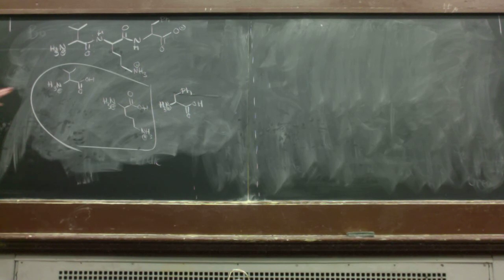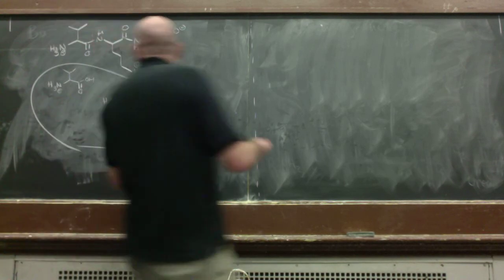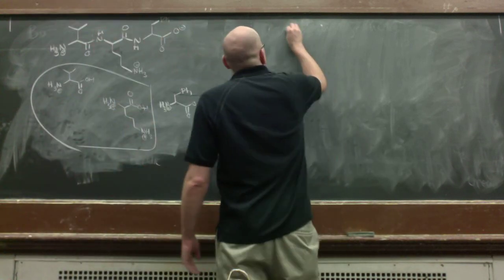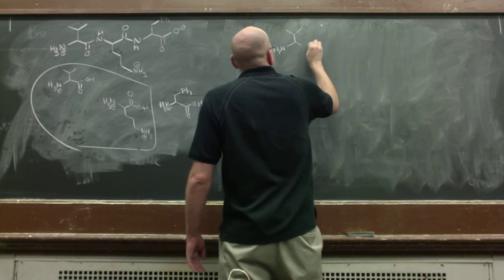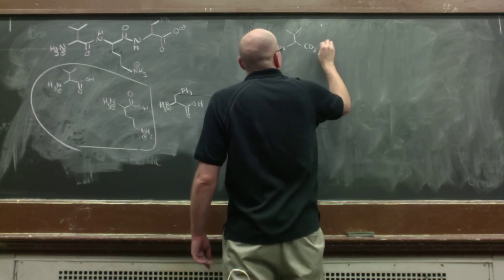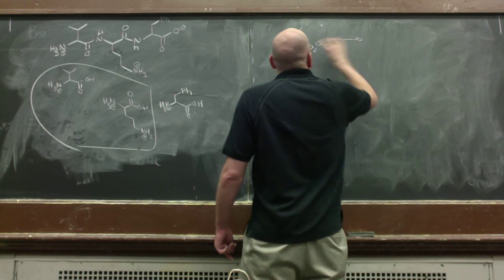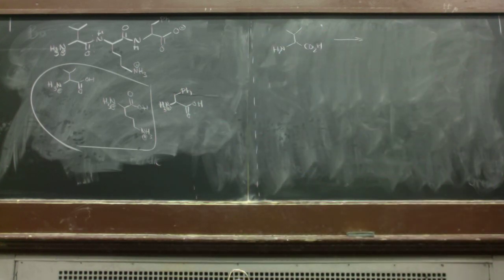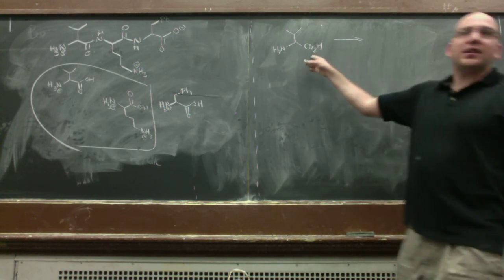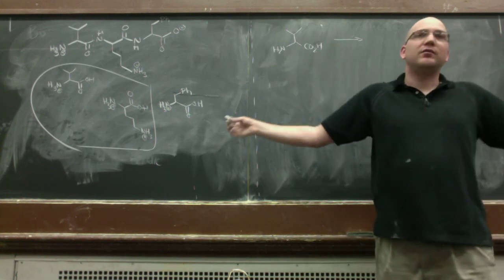Okay, so this one's the easy one, right? Somebody give me a group. We'll start with protecting valine. Let's put something on the valine. I'm just going to show them in a neutral form because I'm sick of writing charges. So if we want to protect this as something, just pick something. It doesn't really matter.